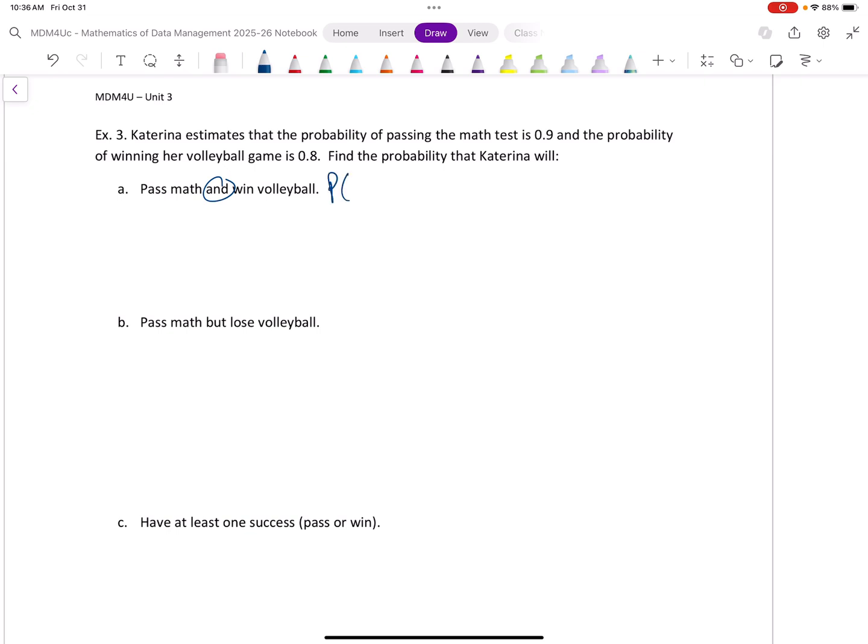So the probability of pass and win. Because they are independent events, I can just take the probability of passing times the probability of winning. So we got 0.9 times 0.8 for winning, and you get 0.72.